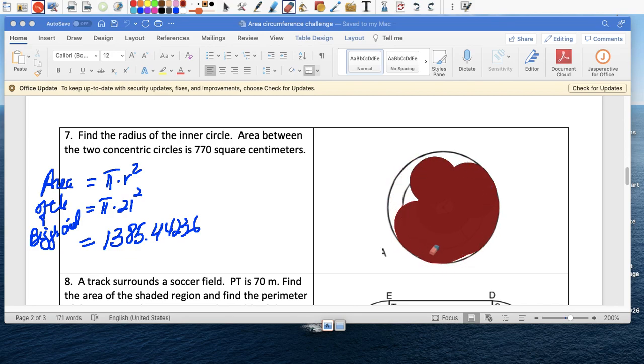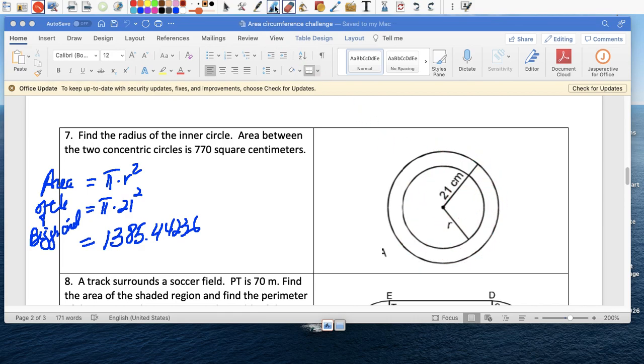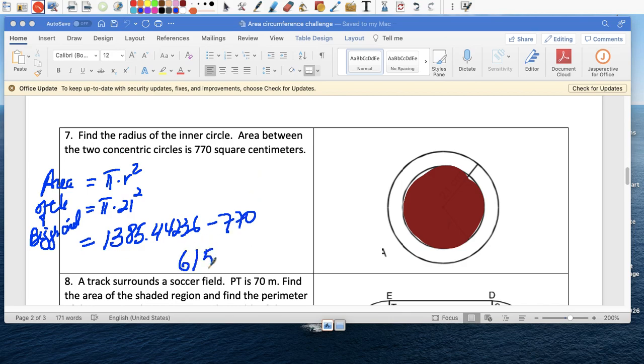So the crust is here, and I'm removing that crust. So if I remove the crust, I would have this left over. So I remove that outer ring. And removing the crust is minus 770 centimeters squared. So I'm left that the area of the small circle is 615.44 centimeters squared.